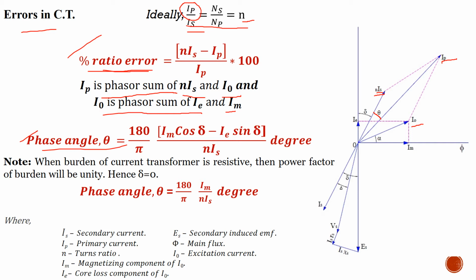But when the angle between the core loss component and the reflected secondary winding current is equal to 0, that is delta is 0, then this phase angle equation is reduced to the following equation. This is the case when the burden connected to the current transformer is resistive, and therefore the power factor of the burden will be unity.